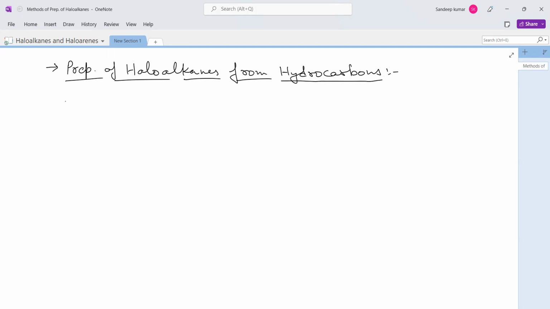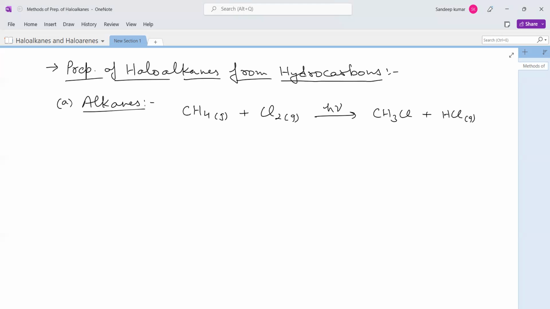In aliphatic, we first have alkanes. For alkanes, we can have the photochemical halogenation, like we have studied earlier from class 10 onwards, that when CH4 in the gaseous state reacts with chlorine gas in presence of sunlight, which we represent with h nu, it leads to the replacement of a hydrogen with chlorine and the formation of HCl gas. And the reaction doesn't stop at this step.